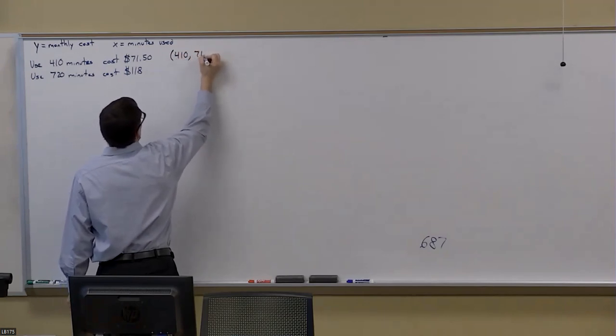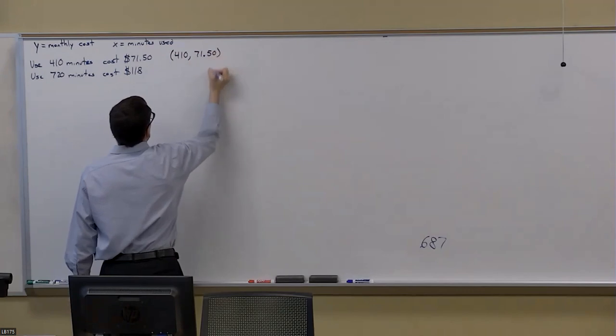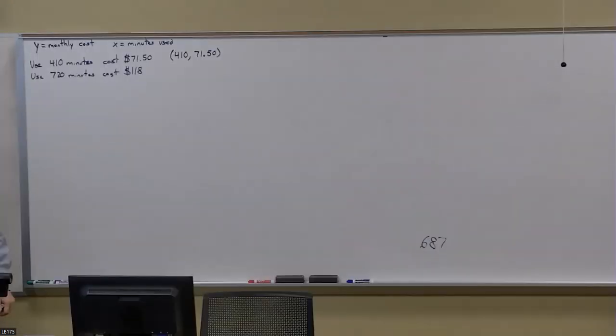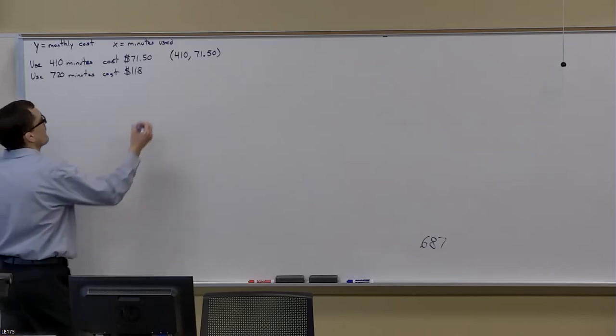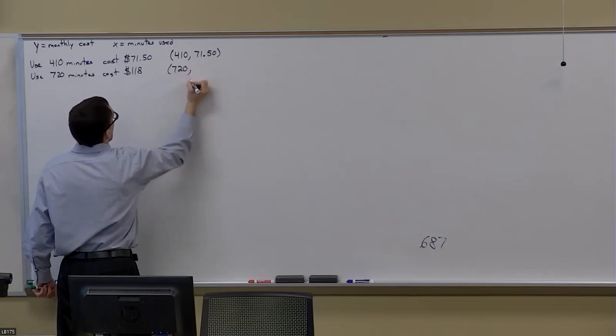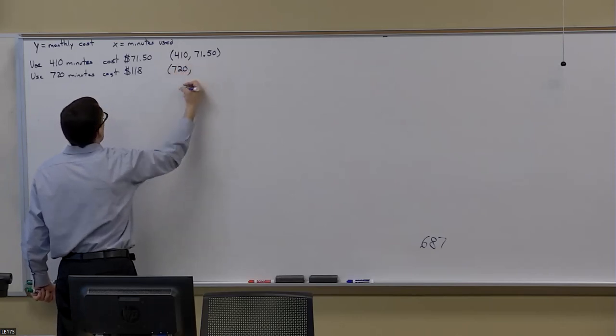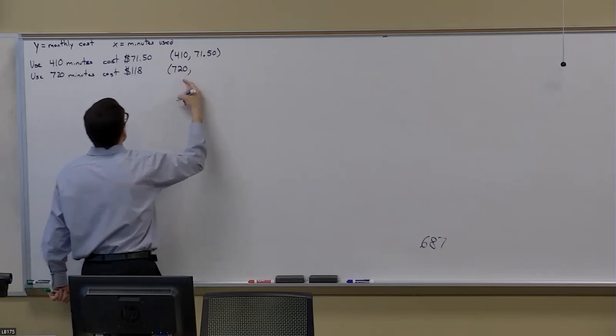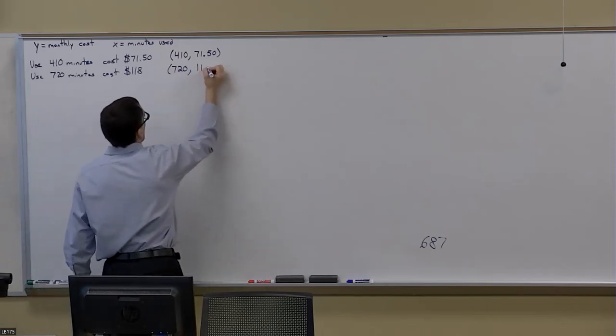If X and Y are my variables, then those two sentences where it relates number of minutes used to the total cost of the plan, those two sentences are giving me a point, an ordered pair, an XY pair. So I get 2 points, one of which is (410, 71.50). The other is (720, 118).